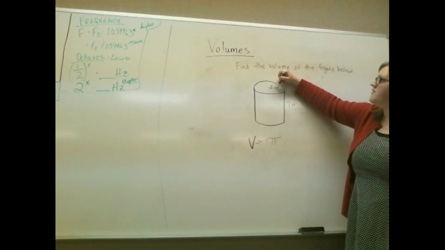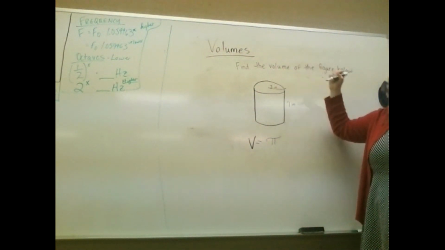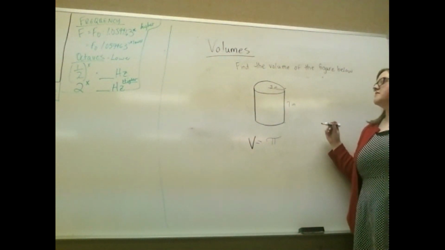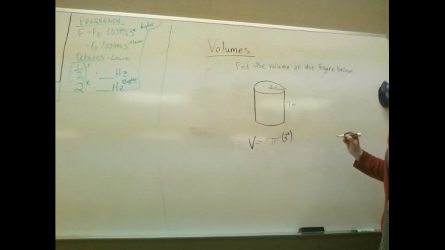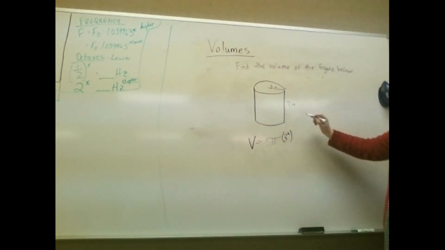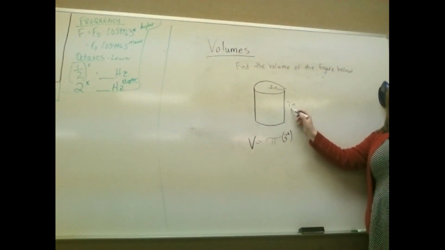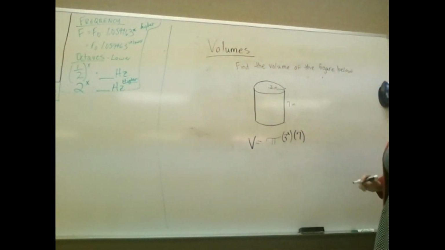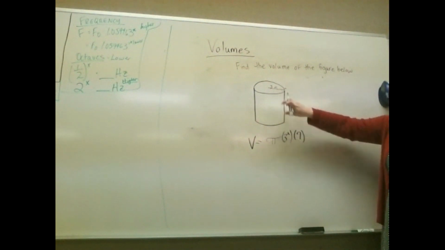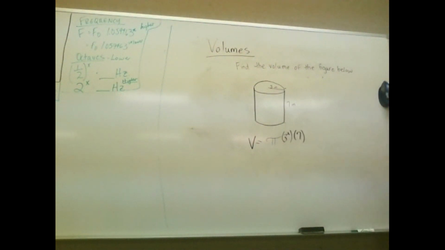The one up here in the circle. So then it'd be 3 squared. Mm-hmm. Times the height. 7. Yeah, so times height. All right, so pi r squared times the 7, the height.